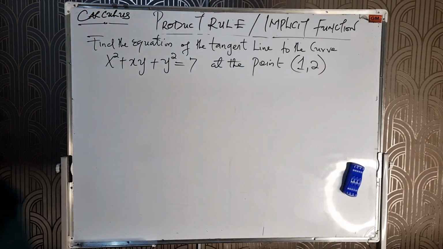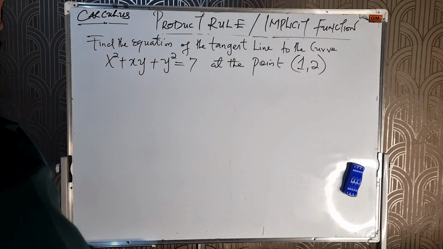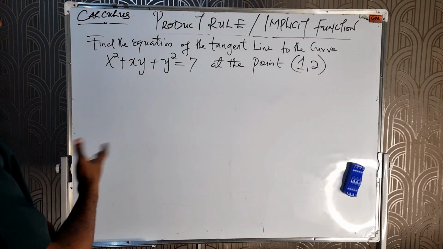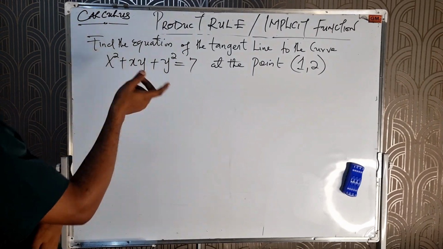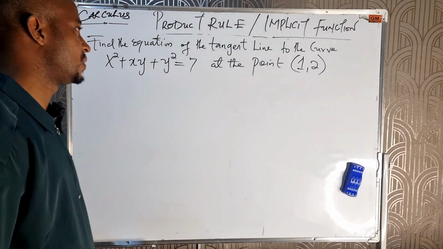Okay, let's look at this equation here that has to do with implicit functions and the tangent line. We are asked to find the equation of the tangent line to the curve given to us at the point (1, 2).